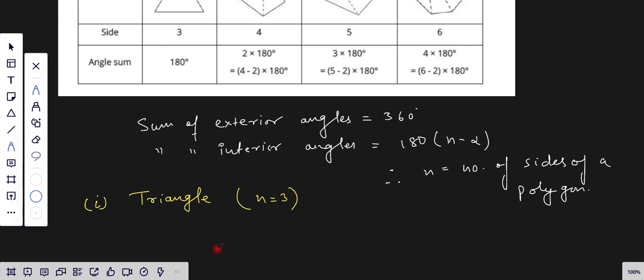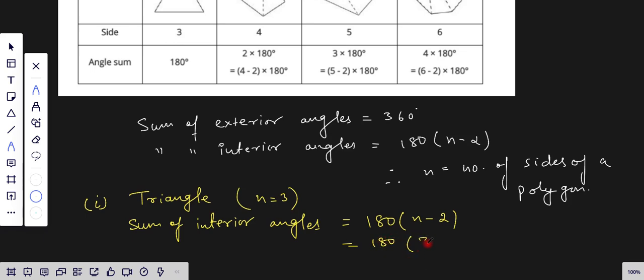So you can see here that the sum of all interior angles of a triangle is equal to 180(n minus 2), right? So in place of n, I'll write 3. So 3 minus 2, or I can write 180 times 1, which is equal to 180 degrees.